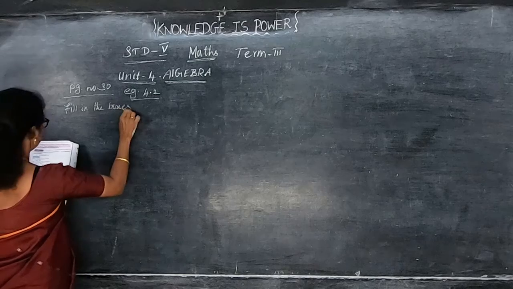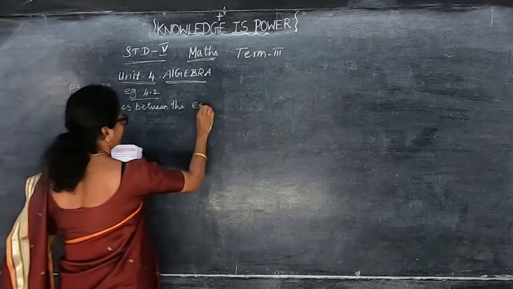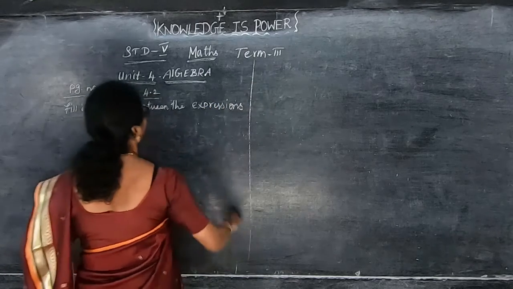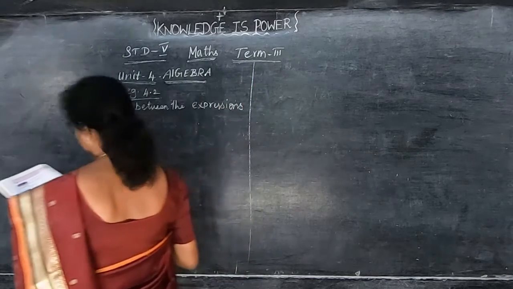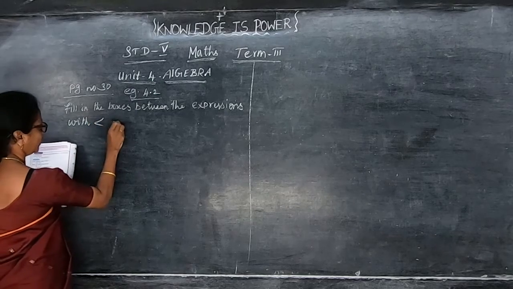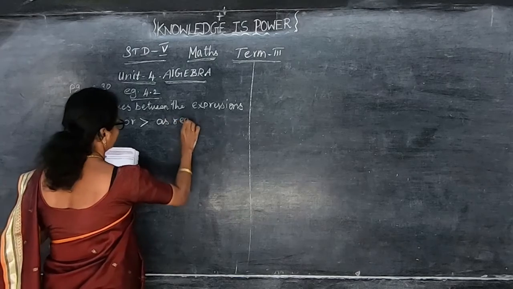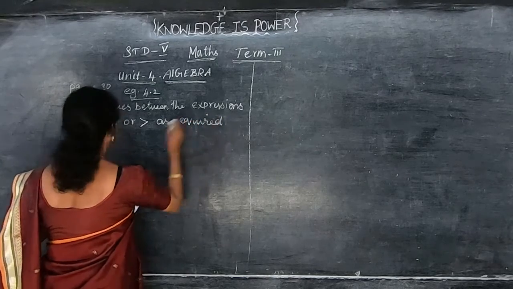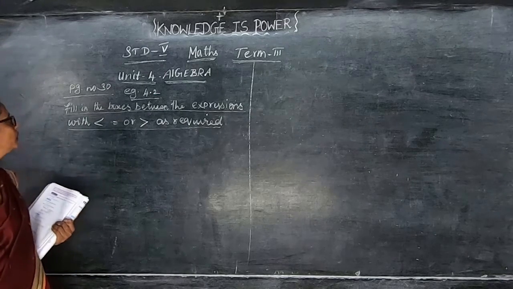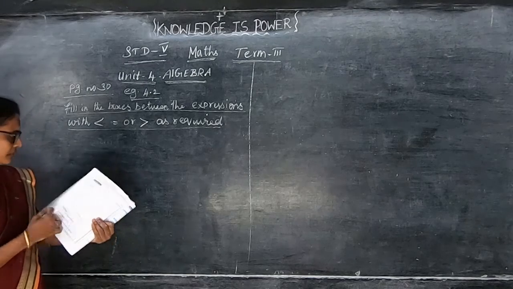Fill in the boxes between the expressions with greater than, equal to or less than as required. So this is the sum they are given. Okay, page number 30, exercise number 4.2. Fill in the boxes between the expressions with greater than or less than. You have to put the symbol as required.